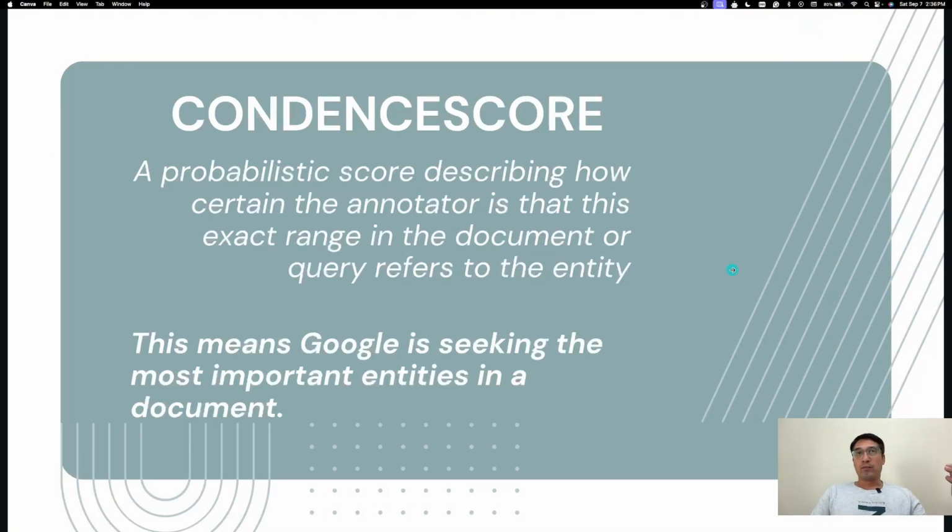And then Google uses what's called a confidence score. It's a probabilistic score describing how certain the annotator is that this exact range in the document or query refers to the entity. This means that Google is seeking the most important entities in a document. So the goal for the algorithm, when it gets on your page, is to identify what is the most important part of this page.